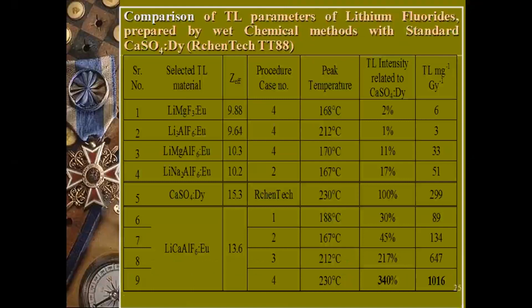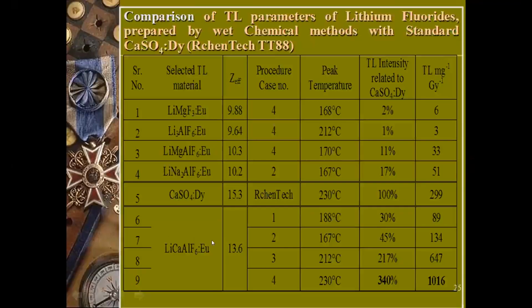So this wet chemical method, a very simple method by which this is being prepared, and the performance is being compared with the CaSO4:Dy, taking 100% performance as the reference. See here, 230 degrees centigrade peak temperature, four step.